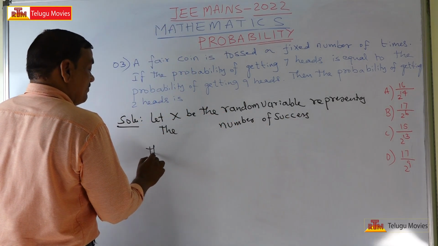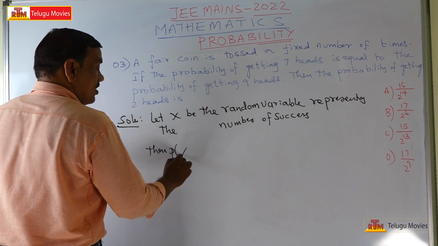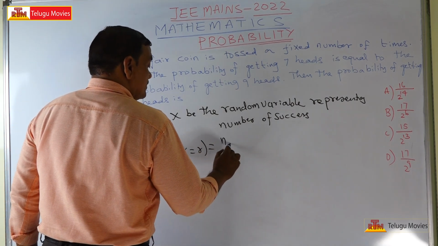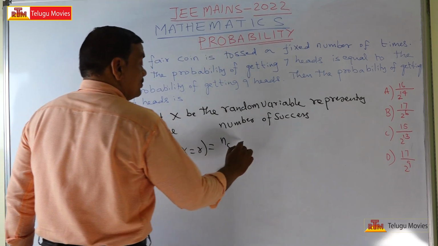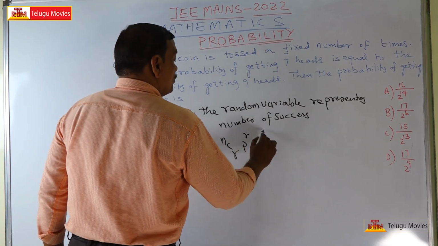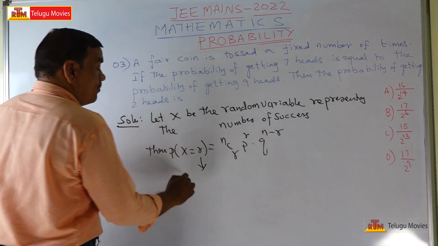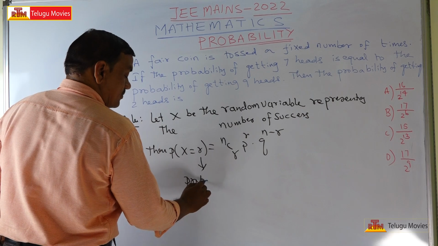Then it is given by probability of x equal to r is equal to nCr p to the power of r into q to the power of n minus r. Here, what does p mean? Probability of success.